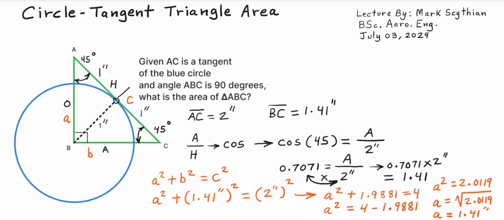So side AB, 1.41. Side segment line BC, also 1.41 inches, or the square root of 2. And then the hypotenuse side line AC is 2 inches.